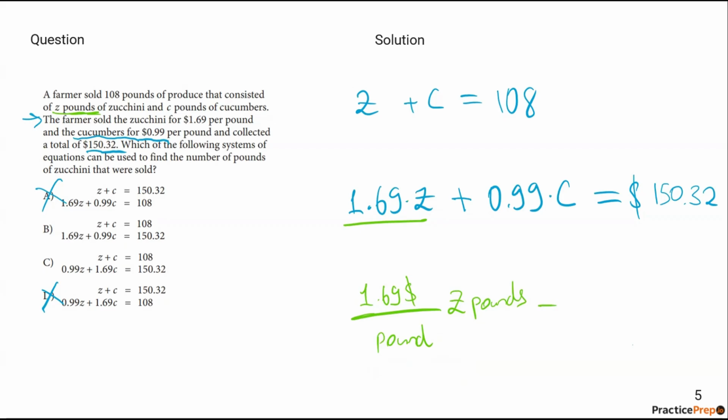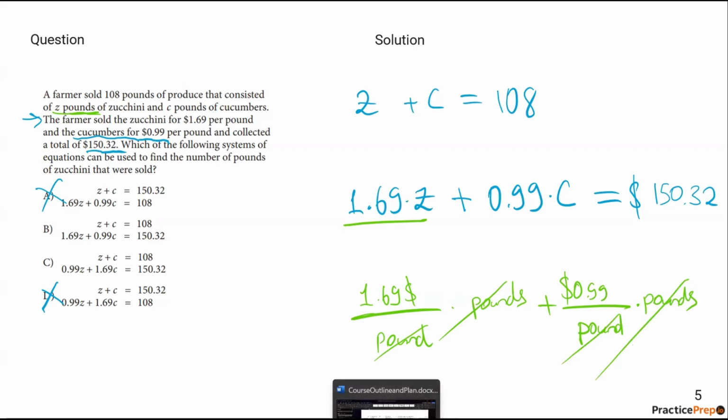And then, by the way, I'm going to take this Z away because it might confuse you. And then we sum this with, again, 99 cents or $0.99 of price per pound by the weight of cucumbers in pounds. So in the end, this goes away because that's multiplication, and this goes away because that's multiplication, what happens is we get dollars.